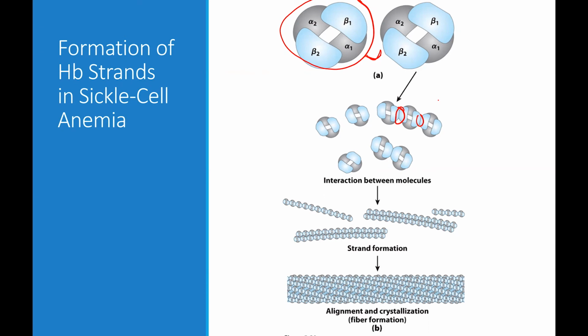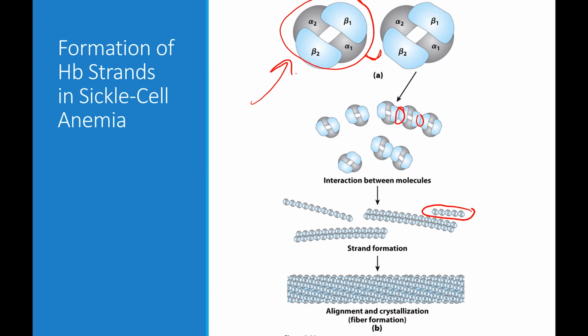And now the beta subunits of two different hemoglobins will interact, and they start to form what you're probably familiar with, these fibers. We talked about fibrous amino acids, and fibrous proteins. Hemoglobin goes from a globular protein and starts to form these interactions that make it then a fibrous protein and starts forming strands.